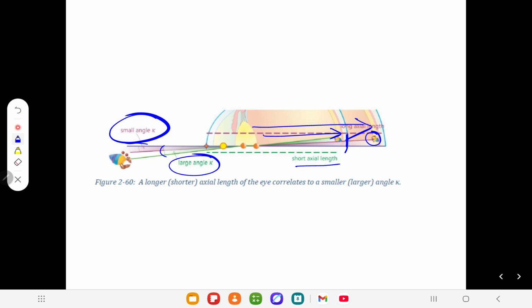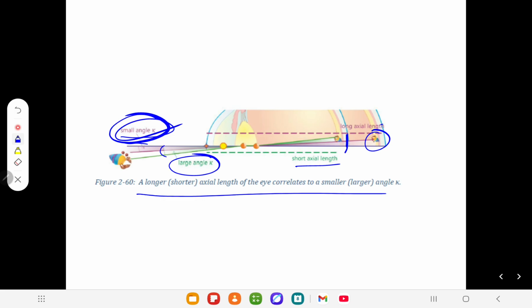In longer axial length, angle kappa is smaller. So in axial hyperopia angle kappa is larger, and in axial myopia angle kappa is smaller.